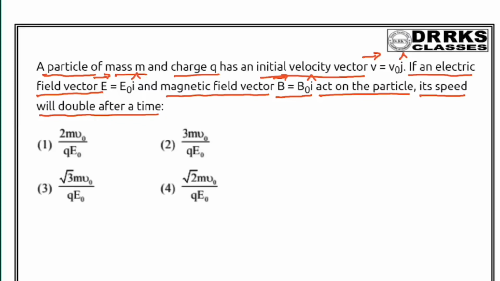That means when a charged particle enters an electromagnetic field, electric as well as magnetic, you have to find after what time the speed becomes double. Let me explain the basic concept behind this problem.